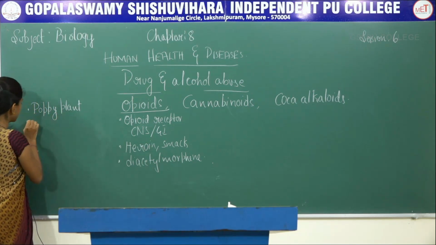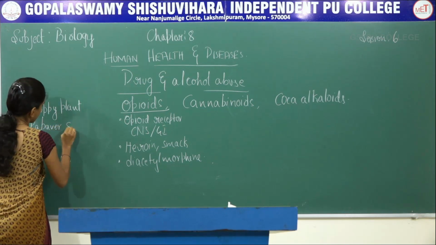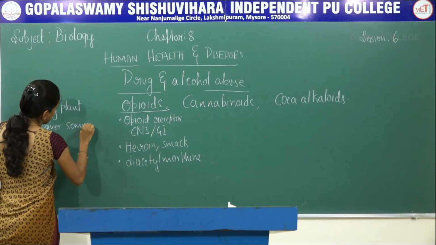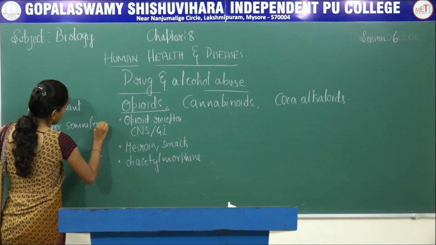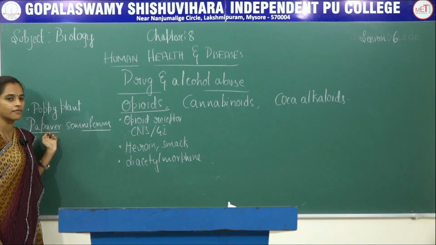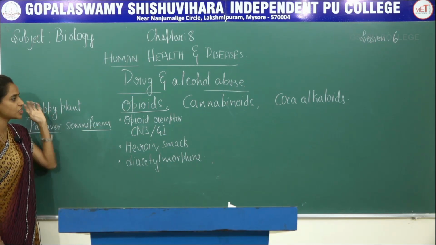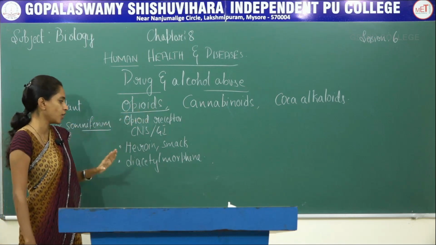The scientific name is Papaver somniferum. So the poppy plant latex is what we extract opioids from.